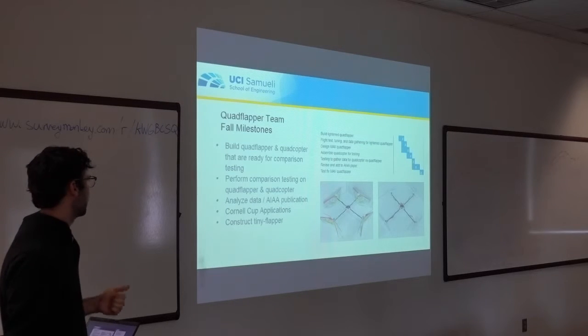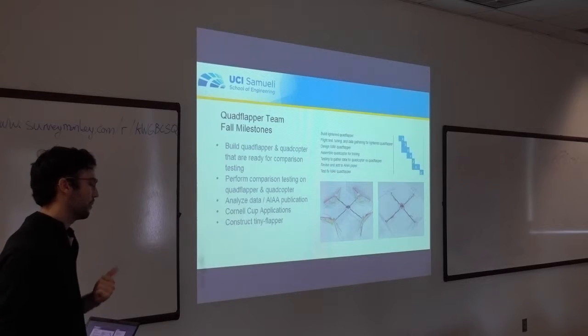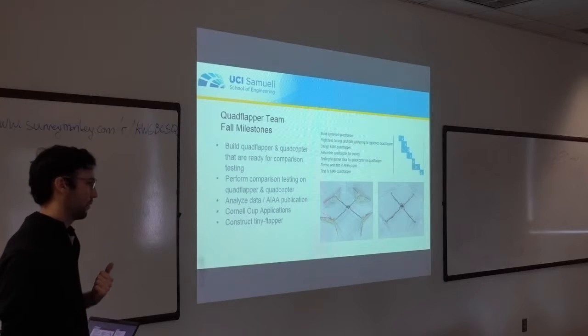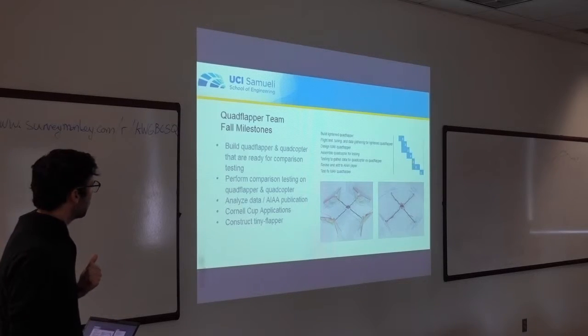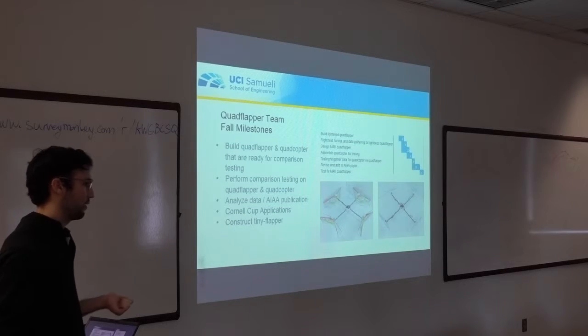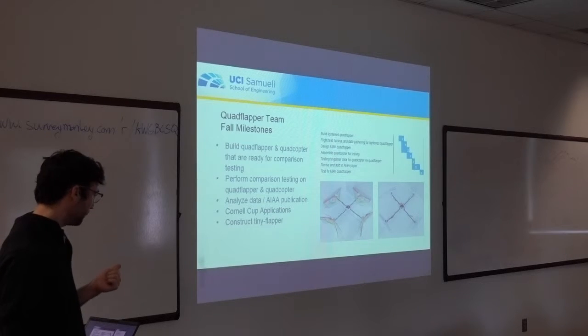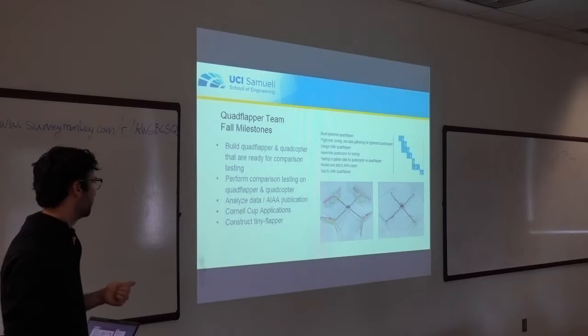So the quad flapper team, some of our significant milestones this quarter have been to compare the quad flapper and quadcopter. So we have to ensure that they're ready for comparison testing. So we want to use the same exact system, or as close as we can get, so that we can measure and conclude. We want to conclude based off of our tests.